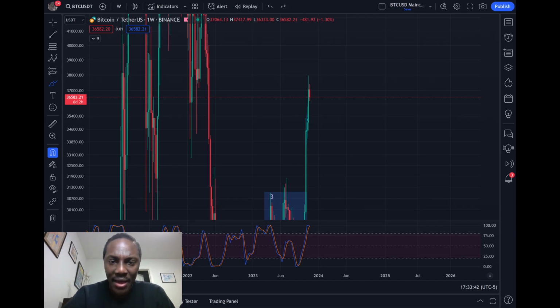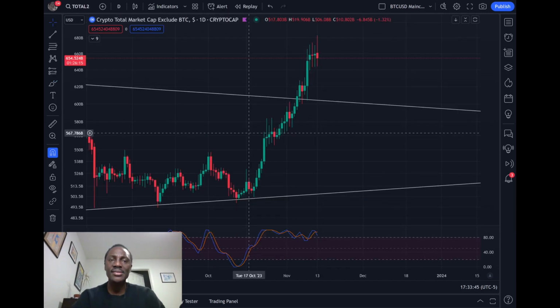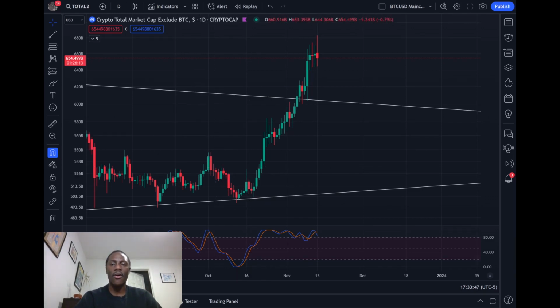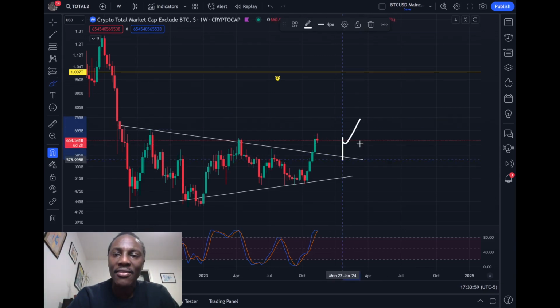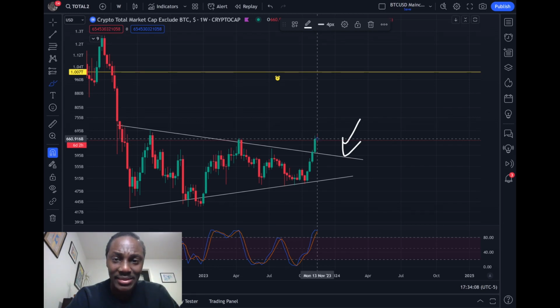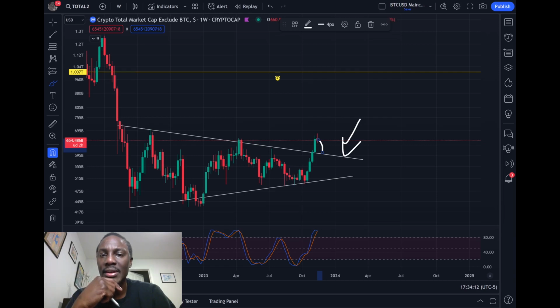And by the way, I'm looking at the total 2 chart, which is the aggregate chart of altcoins, and we're on the daily time frame here. Okay, and let's zoom out actually so people can really understand what we're doing here. So what we're doing in altcoins is we just broke 500 days of resistance, and I think that what we're looking to do, at least in some measure, is come back and test it as support.